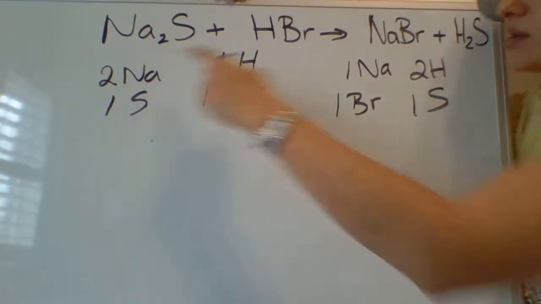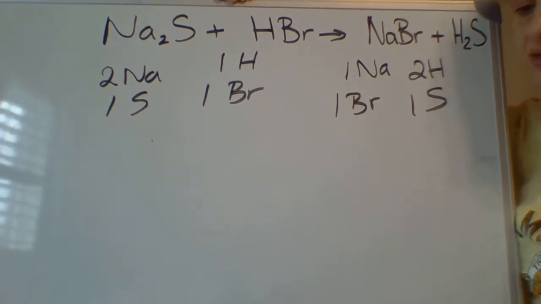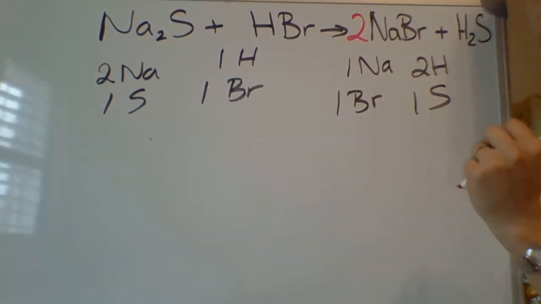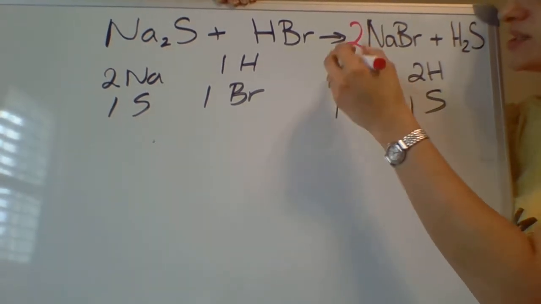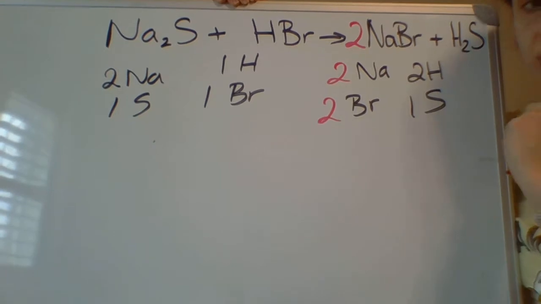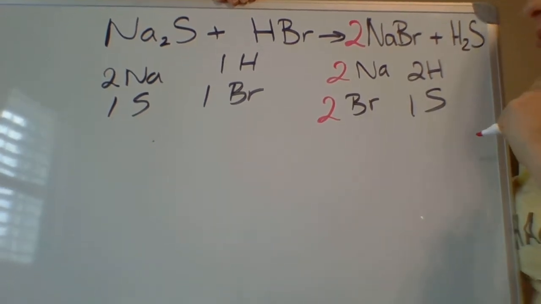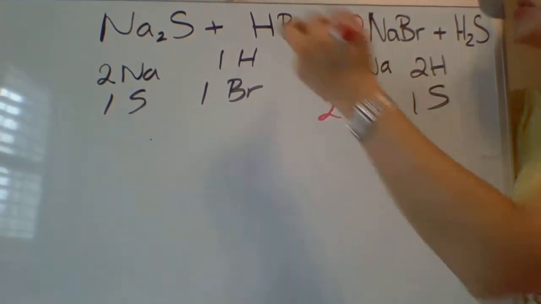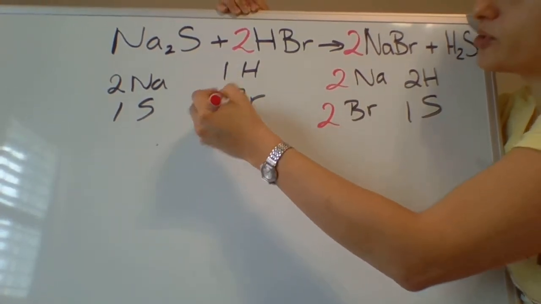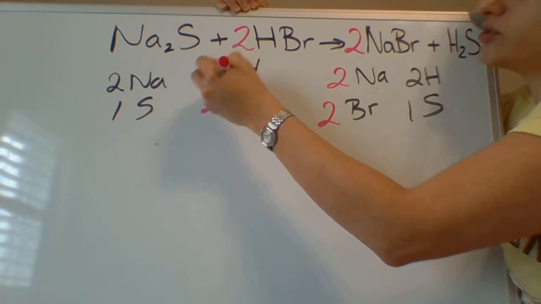We have 2 here, we have 1 here, so that means that we have to add a 2 before our sodium, which would change this to 2, but also change bromine to 2. Now our bromine isn't balanced, which means we have to put a 2 over here. And that changes the bromine to 2 and the hydrogen to 2.